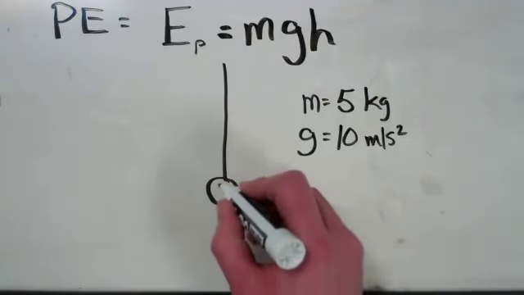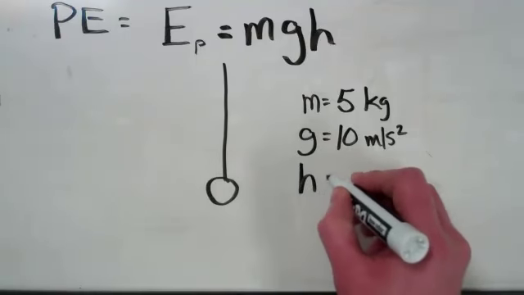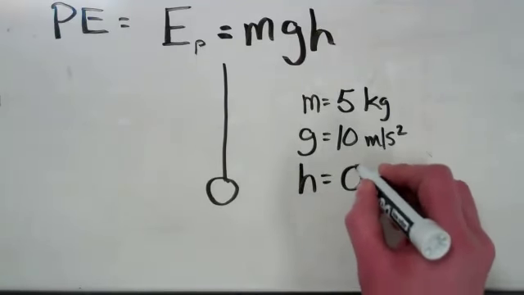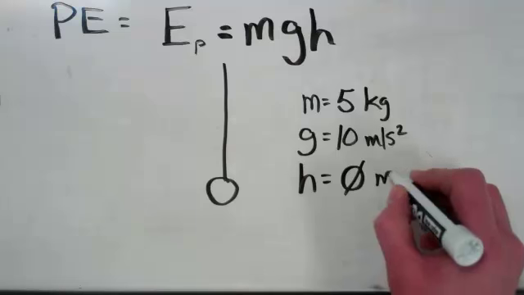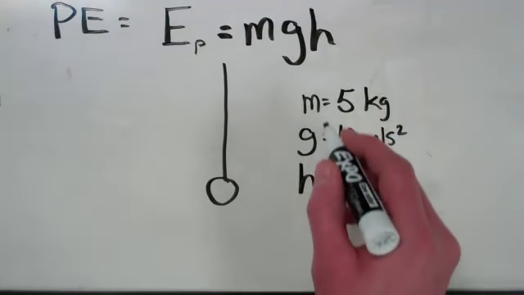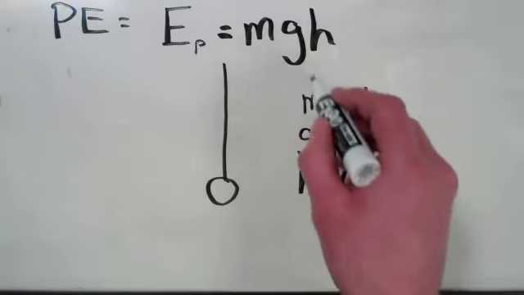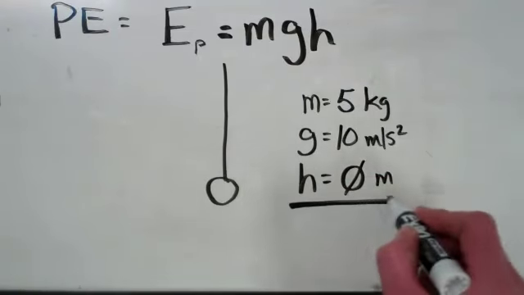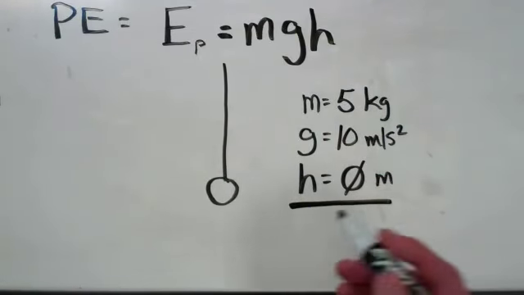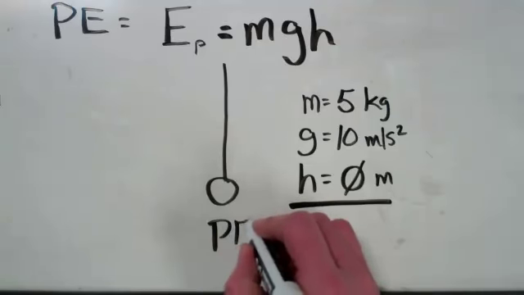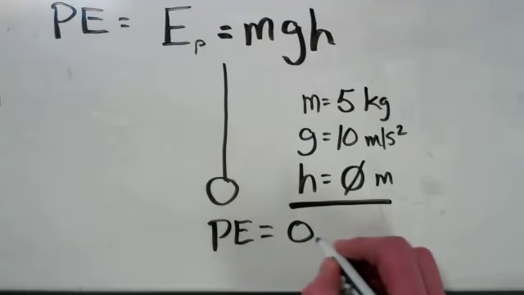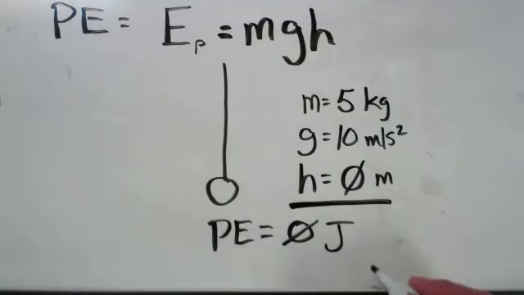And it's sitting right here at the bottom. So the height, remember how I said the height there is 0? That'll be 0 meters. So we can do this. Mass times gravity times height. Multiply those all together. There's a 0 in there, so we know the potential energy when it's just sitting there is going to be 0 joules.